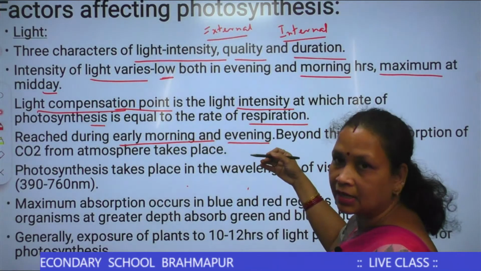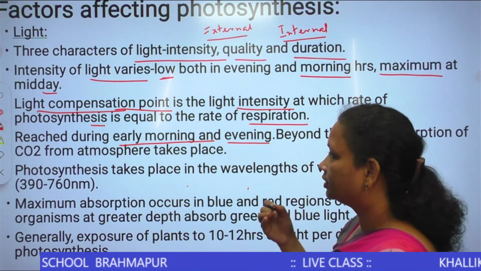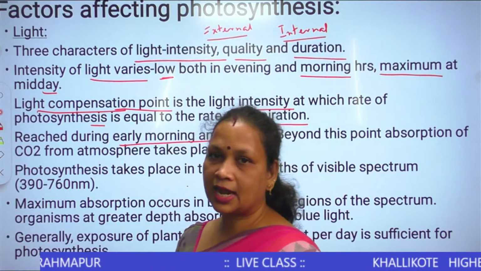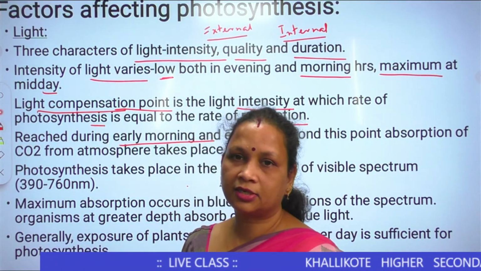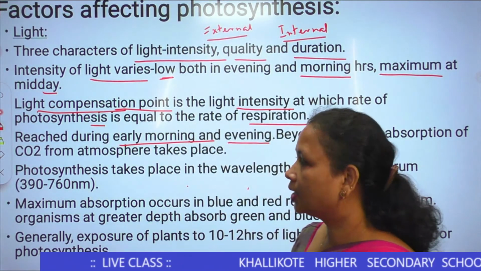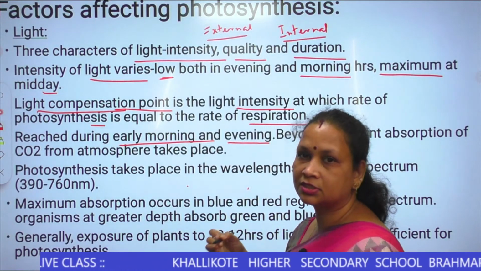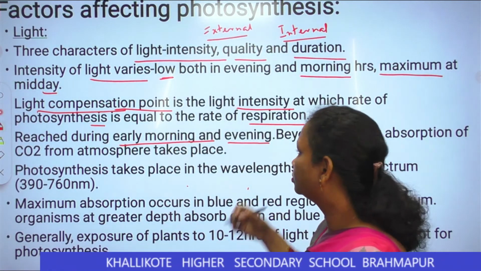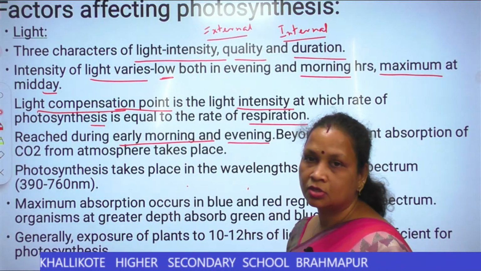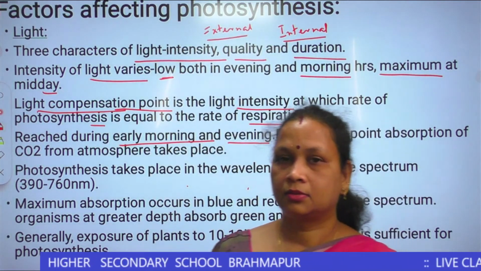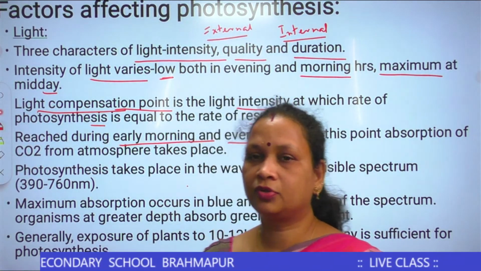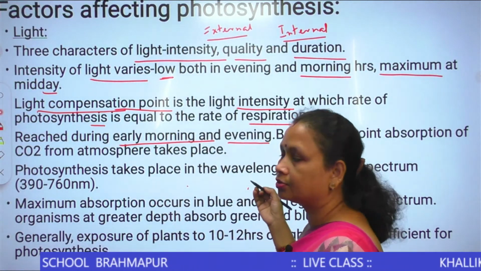At the light compensation point, in the early mornings and the evening, when the intensity of light reduces, the rate of photosynthesis becomes equal to the rate of respiration. So, there will be no release or diffusion of oxygen out into the atmosphere.